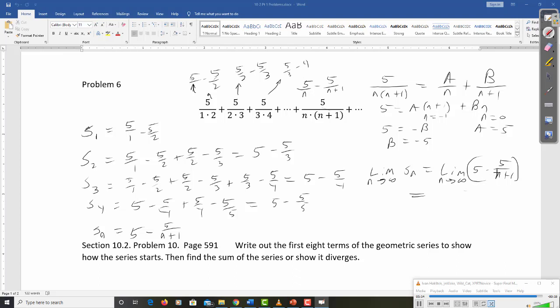You can take your time to see if you can work that out, but the denominator is going to infinity, so this is 5 minus 0, or 5. This is called a telescoping sum, because the subsequent terms cancel each other out. Really all you see is the end point. The only new term you get is really the last term with each subsequent partial sum.